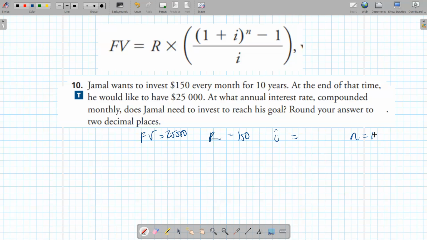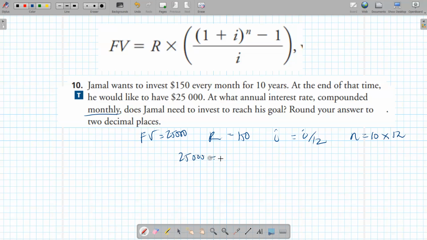Compounded monthly, it says. So you multiply it by 12. All right. What about I? That's missing. I is going to be I over 12, because we have to divide it.